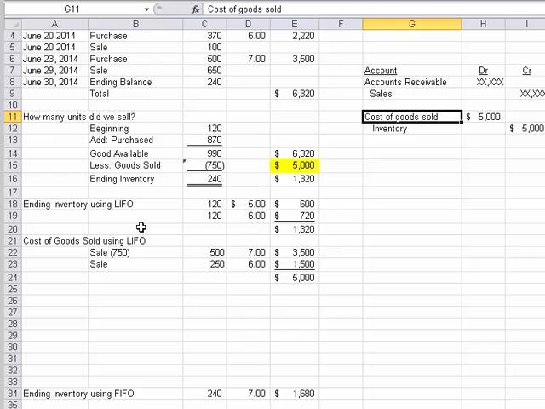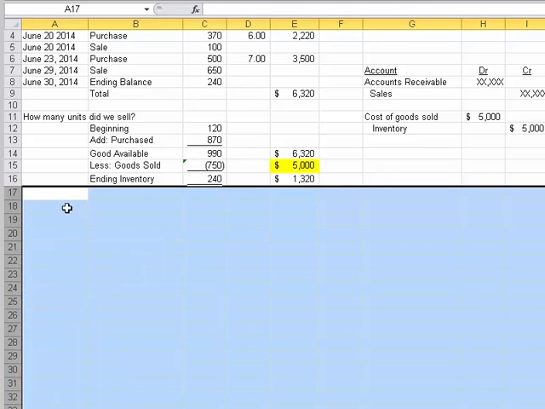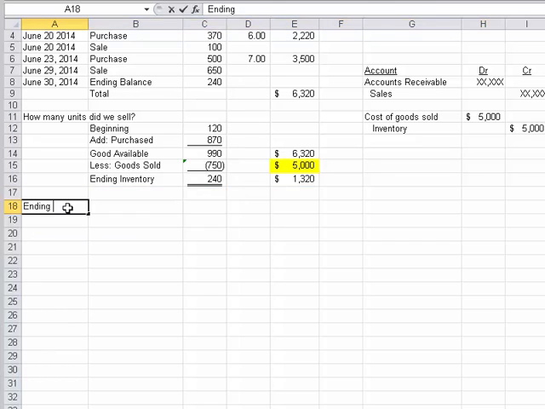Now, the last one we want to use is average cost. So again, let me create some new rows, and we'll take a look at average cost. When we say average cost, it really is weighted average, as we consider how many we purchased at each price to compute the average.